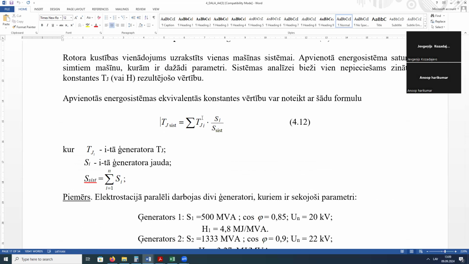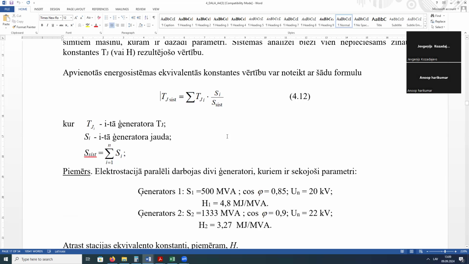Quite simple. It is the sum of a single generator's inertia multiplied by every generator's own power divided by the total system power.